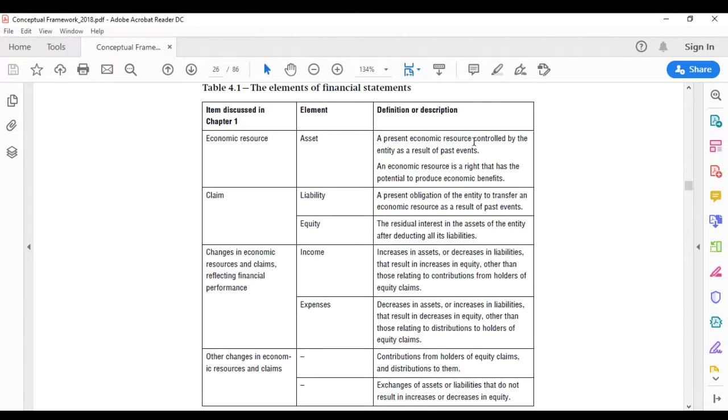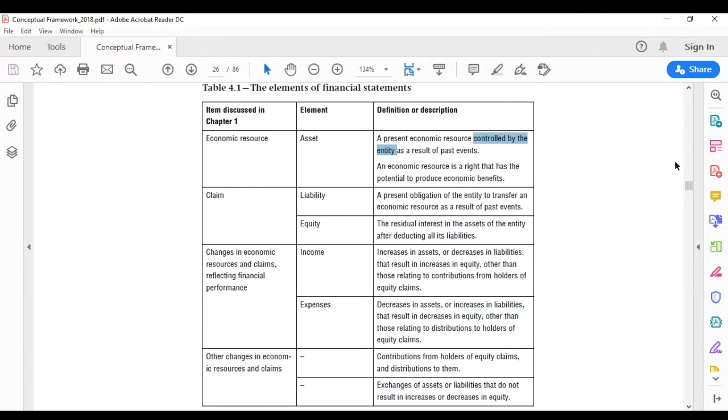It must be controlled by the entity. Now, we can have a long discussion on that, which we won't, but it means the entity must have control over it. In other words, the entity must either own it, or if they don't own it, they must have something that is similar to ownership. In Financial Accounting 3, you'll learn about something we call finance leases.